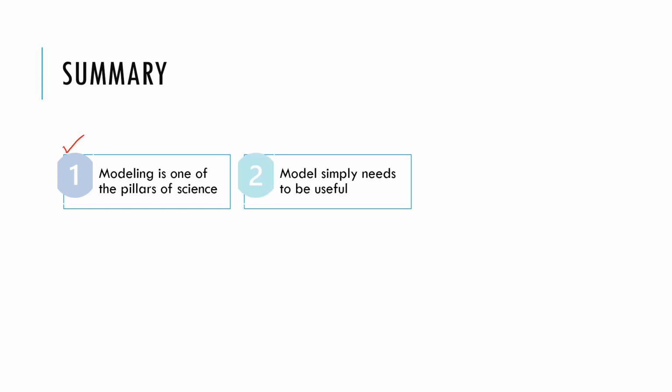So here we summarize the 8 principles that were mentioned in this video. Of course, one can think of many more principles. The first one we mentioned was that modeling is one of the pillars of science, along with experiment and theory. Then a model simply needs to be useful. If it is useful, then it was worth it.